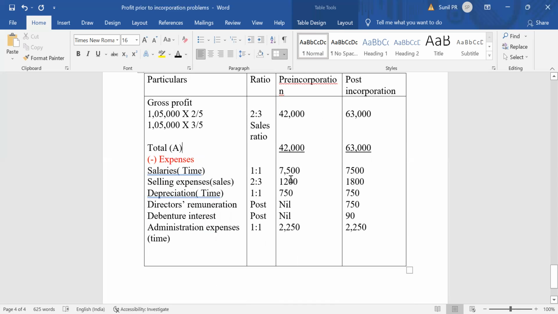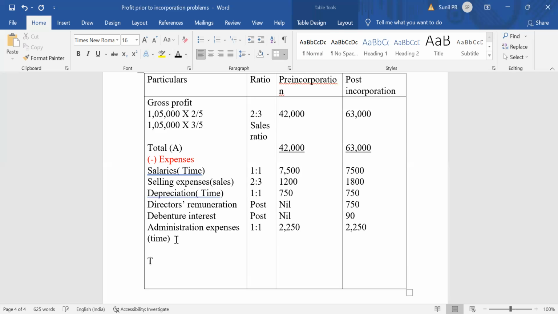Now we'll do the total of all the expenses. When you do the total, 7,500, 1,200, 750, 2,250. Can you just do the total? Now we'll call it total of B. No, it should not balance; you're just doing the total of expenses, that's all.